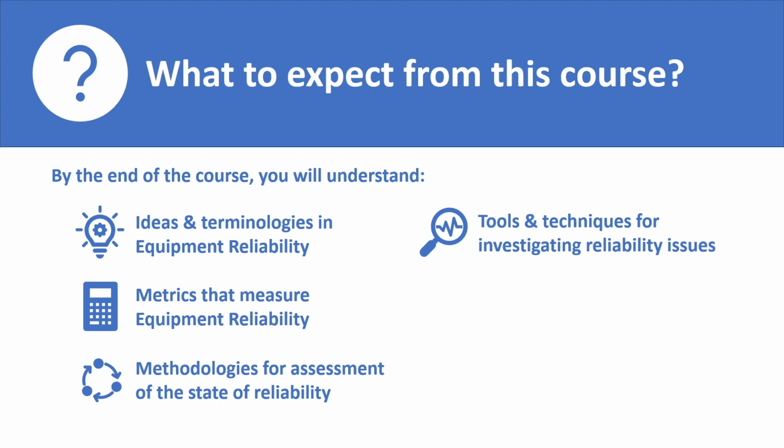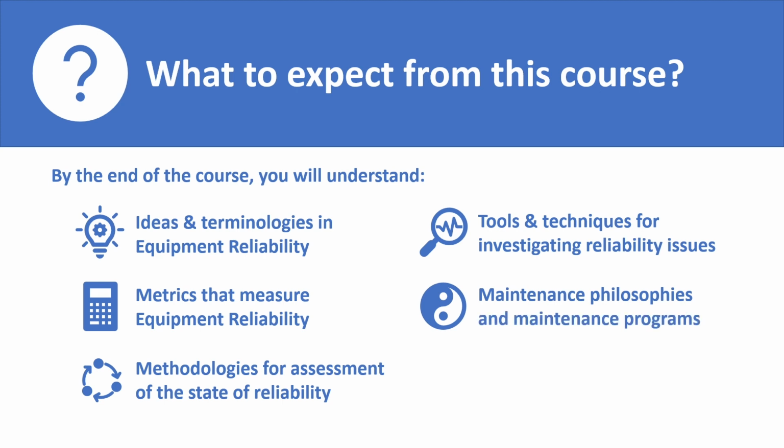You will understand how maintenance philosophies have evolved over time as industrial knowledge about maintenance got better and better, as well as the different types of maintenance programs used in industry to fix reliability issues.